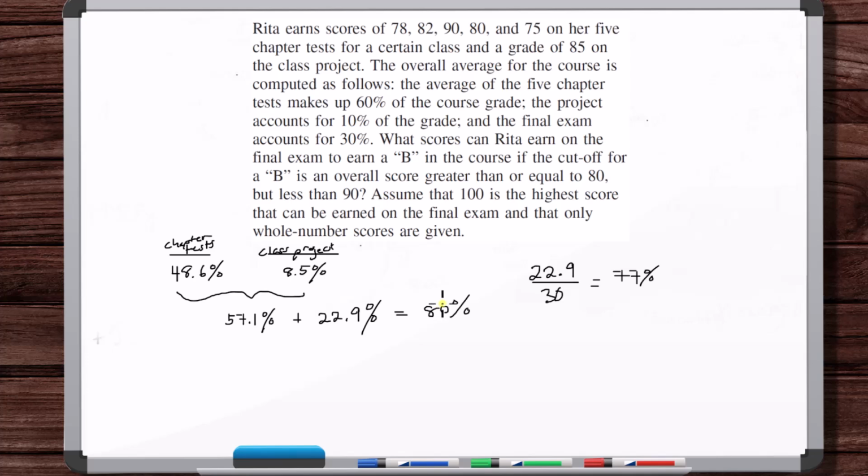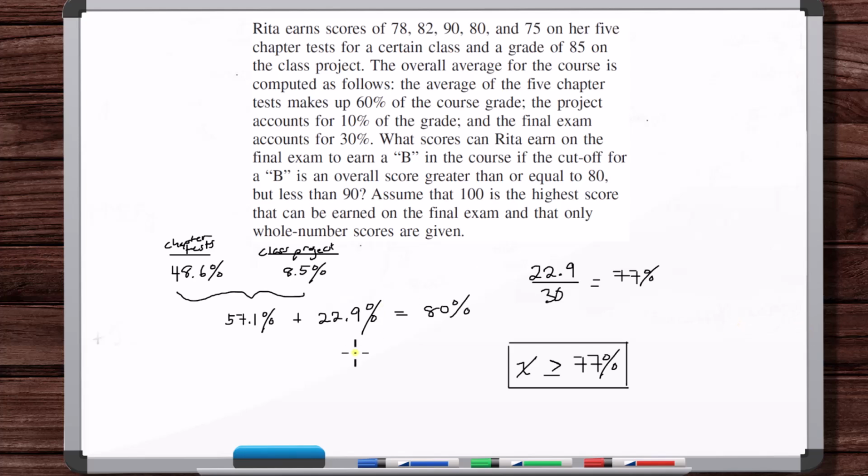If she scores higher, well, then great. So 77%, well, let's put it: X is her final exam grade. This needs to be greater than or equal to 77%, and she'll get at least a B in the class.